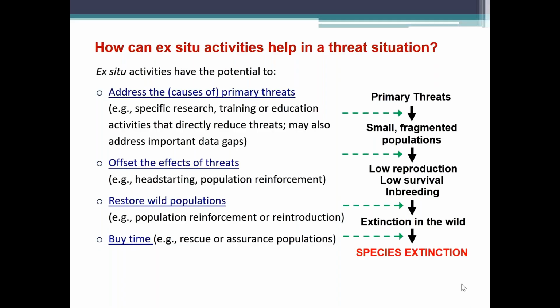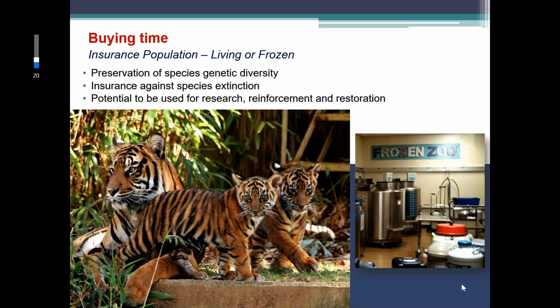And the fourth way that ex situ management can contribute to conservation is, of course, species such as the Arabian oryx, where they had gone extinct in the wild, but they prevent species extinction and hopefully will provide a source for reestablishment in the wild. So often zoos think of their long-term captive breeding programs that are genetically managed as insurance populations that help preserve species genetic diversity, taking from a diversity of wild-caught animals.